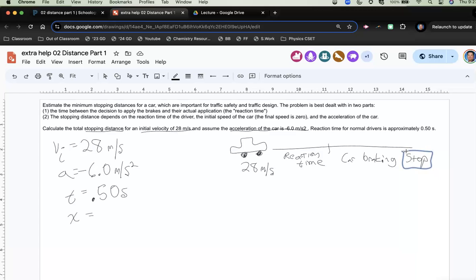Think of this as the drift. Think of this as the person saying to themselves, hit the brake. So we're going to find two kinds of x's. We're going to find xrt, which is reaction time. So make a note for yourself. And then we need to find x little b. That's when the car is finally braking.